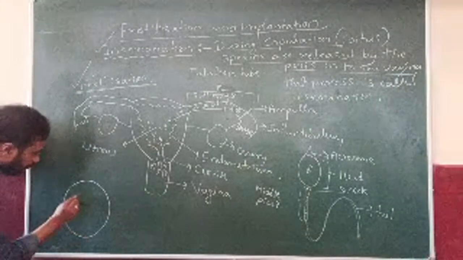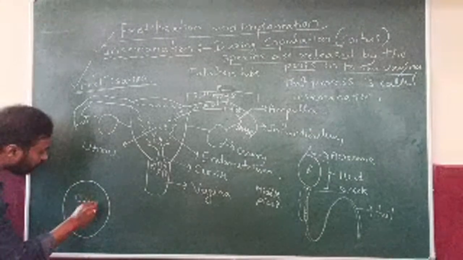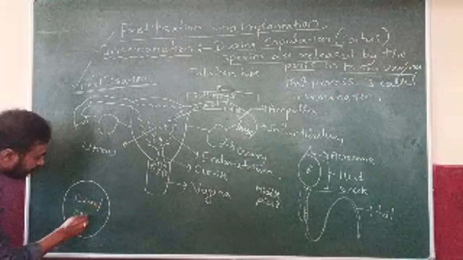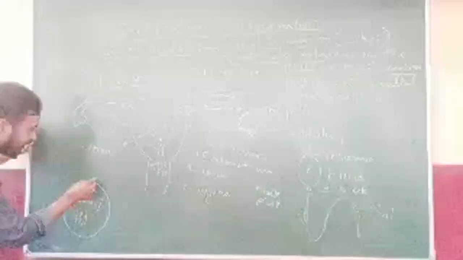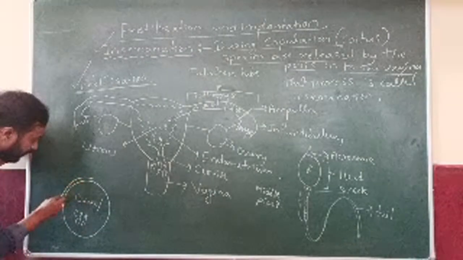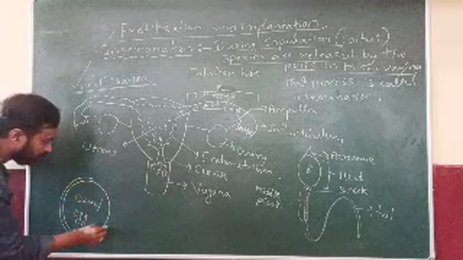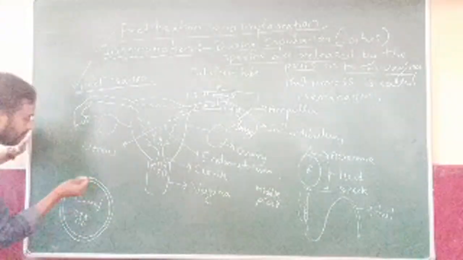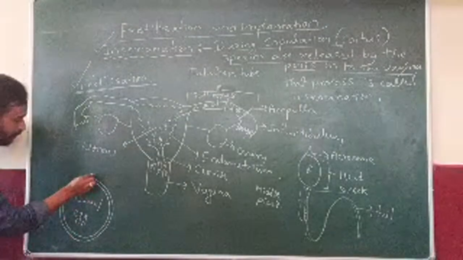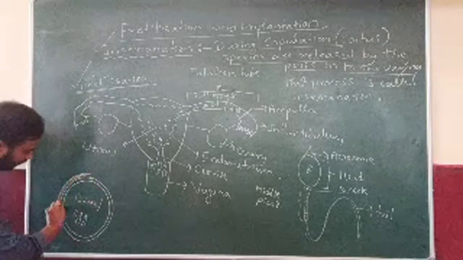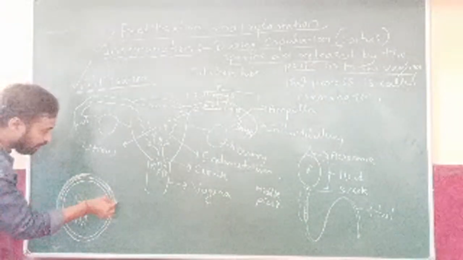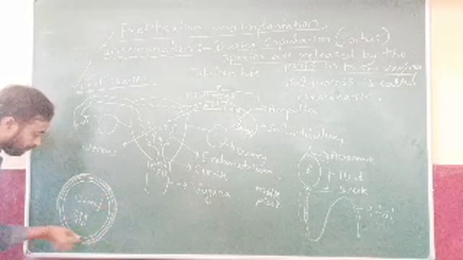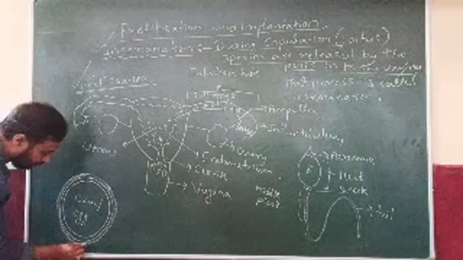This is the ovum, or we can also call it the egg. It has many different layers. Let us see what those layers are and how the egg is.